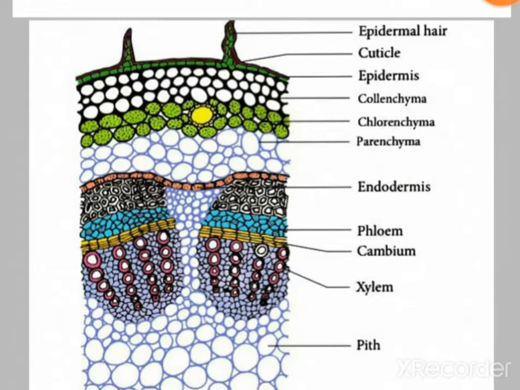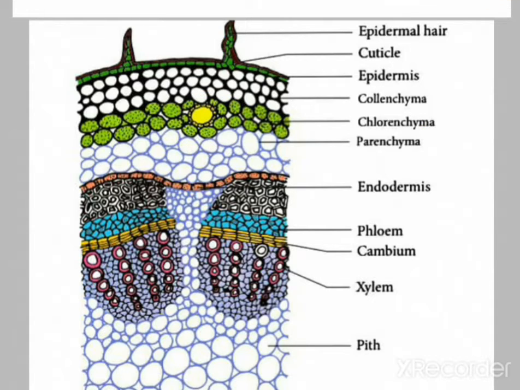Next, below the hypodermis, 2 or 3 layers of chlorenchyma is seen. It is involved in photosynthesis because it contains chloroplast. There are some resin ducts also seen in the chlorenchyma layers.